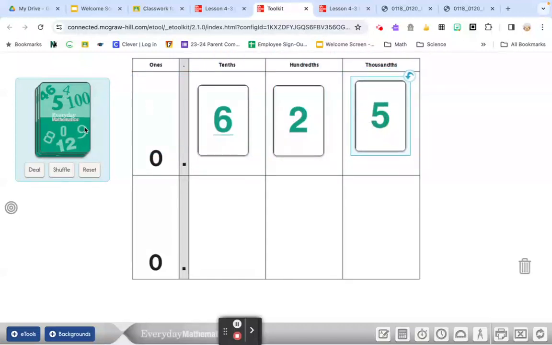So your decimal would be 0 and 625 thousandths for one of the grids.